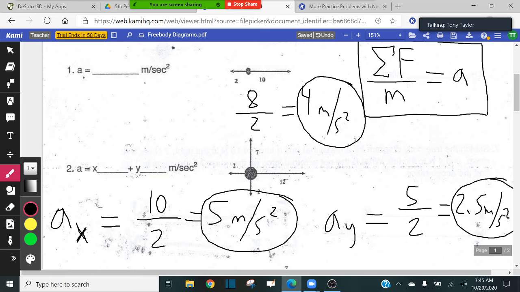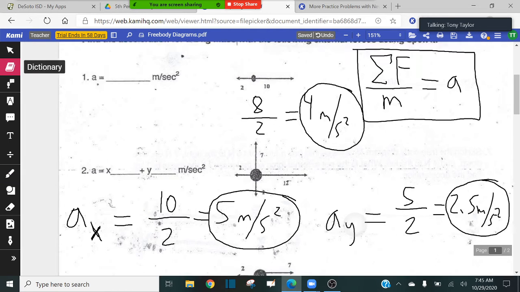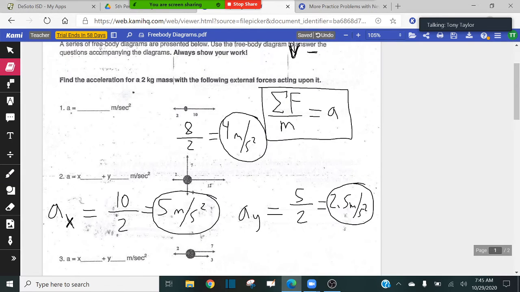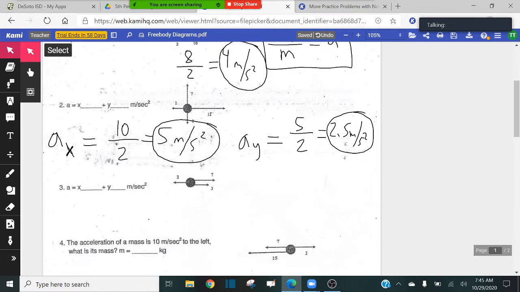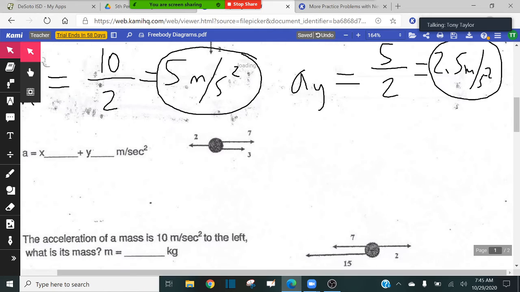So this is my acceleration in the y direction. So again, this object has 2 accelerations. It's accelerating in the horizontal direction as well as accelerating in the vertical direction. And always write down your units for acceleration, which are meters per second squared. Let us keep going.